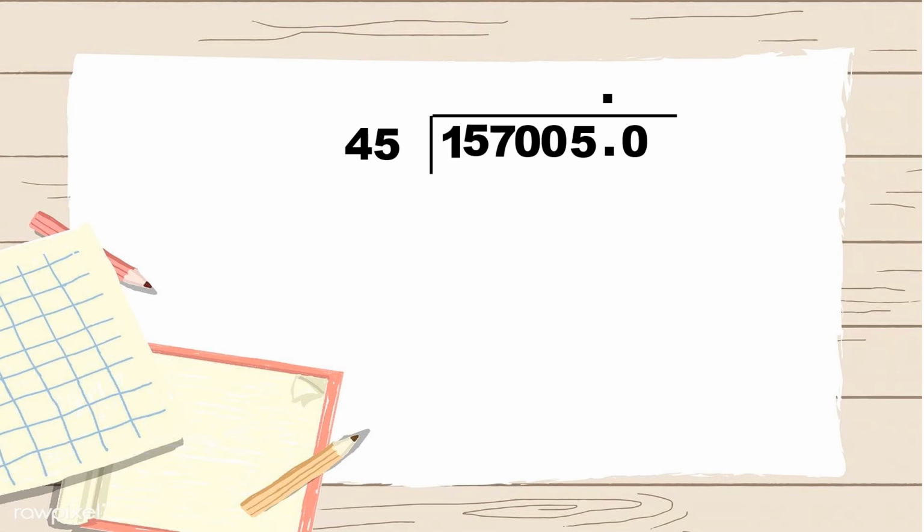157 divided by 45 equals 3. Then 3 times 45 is equal to 135. Subtract 157 minus 135 equals 22.